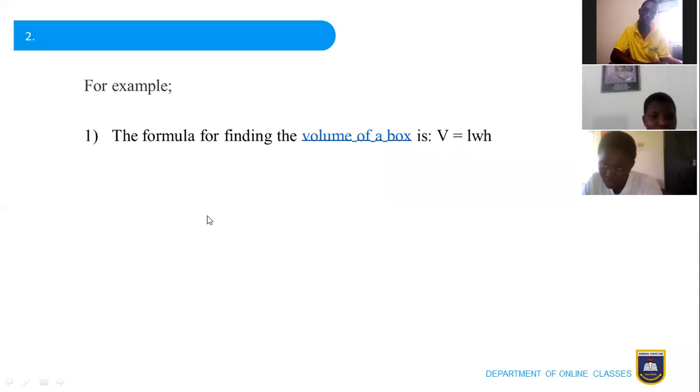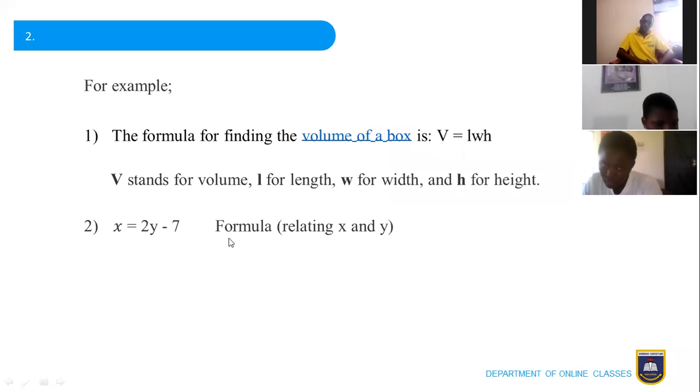The formula for finding the volume of a box is that V equal to LWH, where your V stands for the volume, L for the length, W for the width, and H for the height of the box. We also mentioned that another equation or formula is x equal to 2y minus 7. And this is a formula connecting the variables x and y.